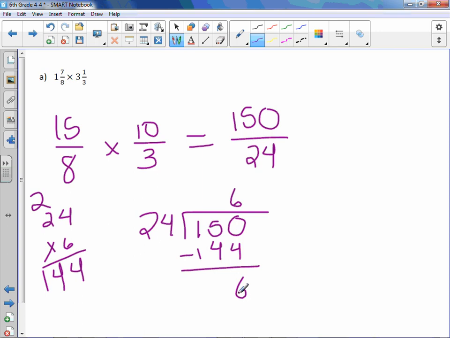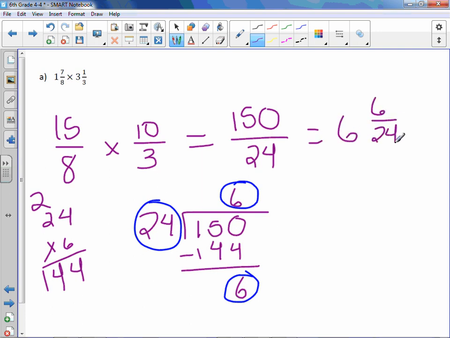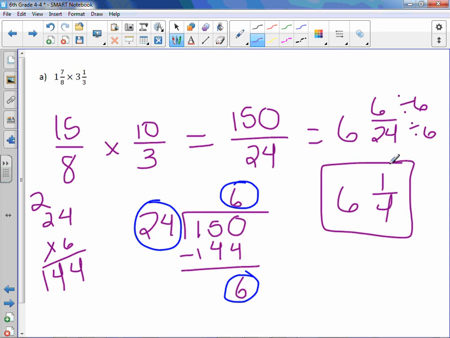So it looks like our answer is 6 and 6/24. I can reduce this fraction by dividing by 6. I would get 6 and 1/4 as the final product.